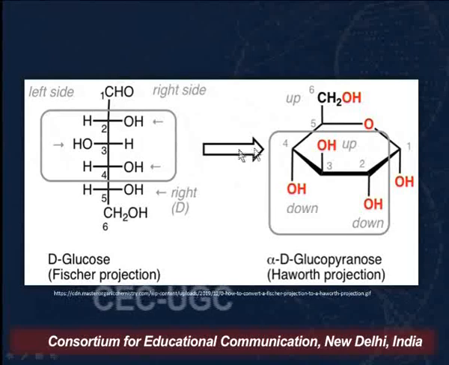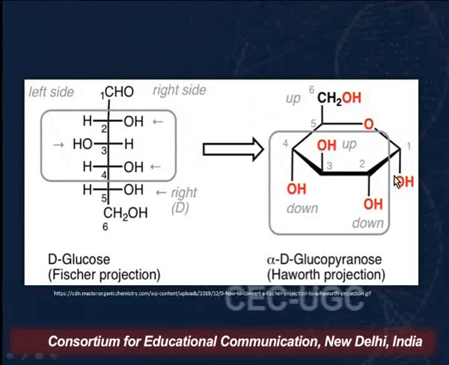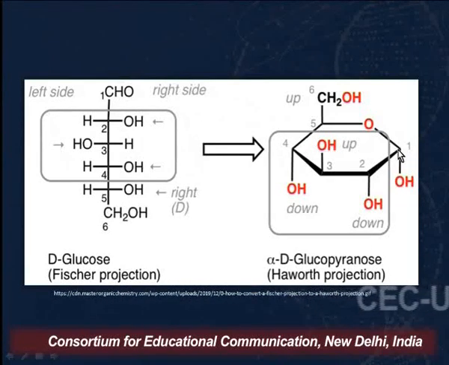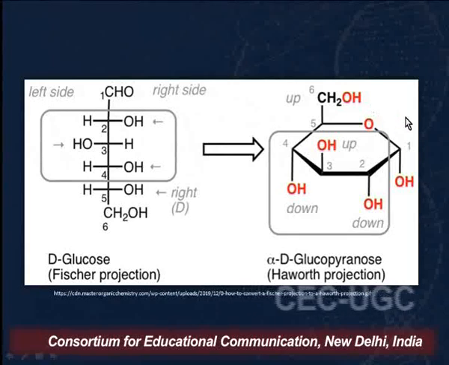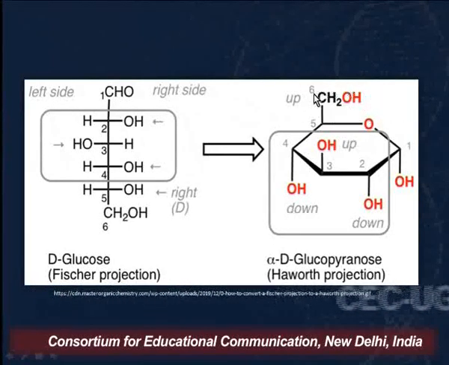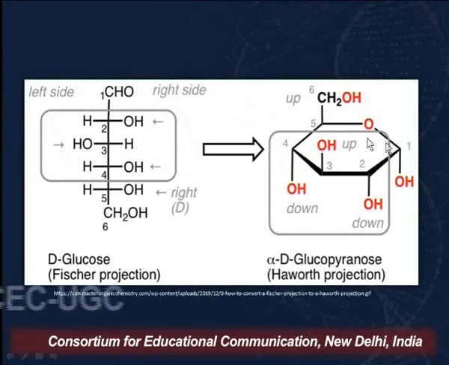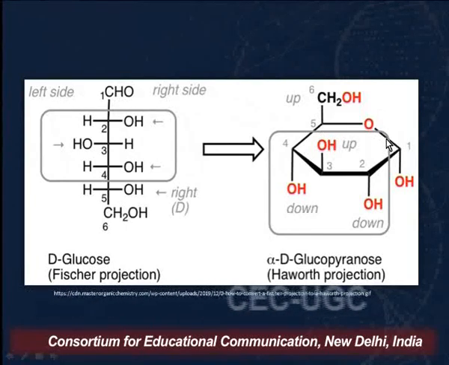If it is the alpha anomer, the OH will be at the bottom on the first carbon, and the CH2OH and the OH will be trans to each other. When CH2OH is at the top, it indicates that it has D configuration. So quite simple, you don't have to do the mechanism.